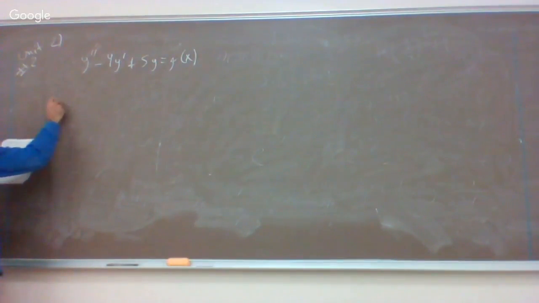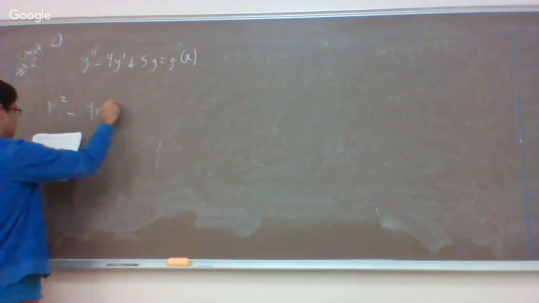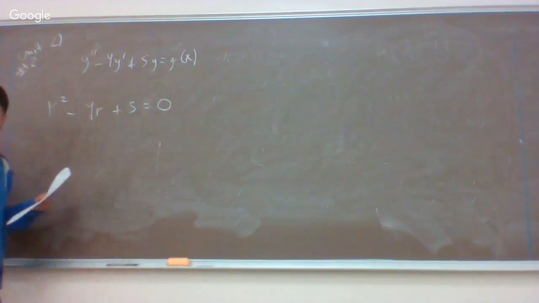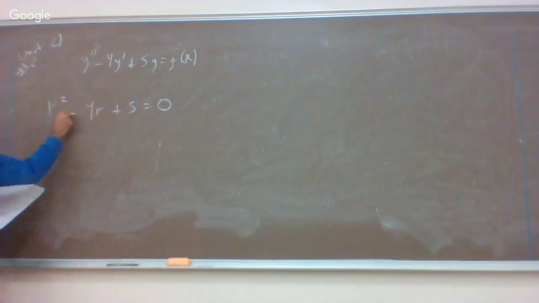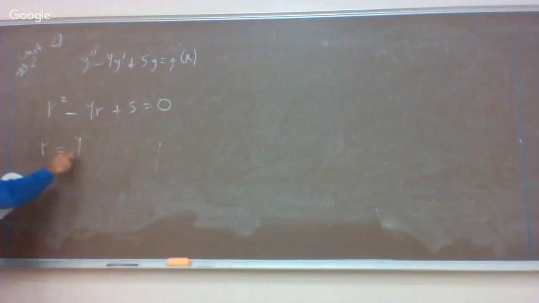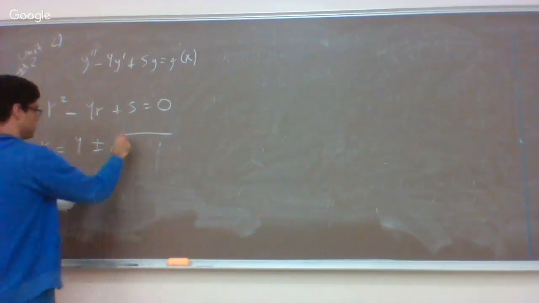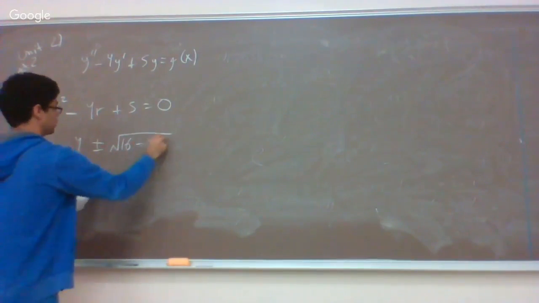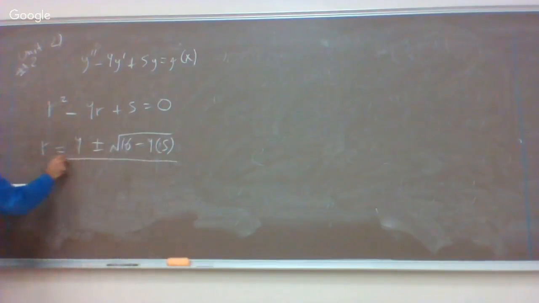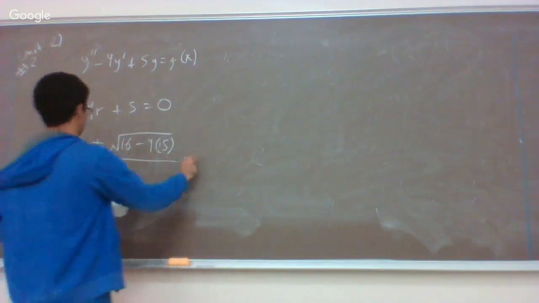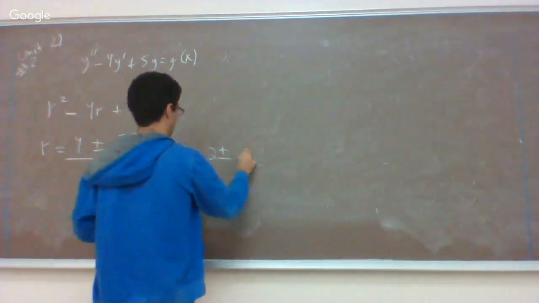So we convert it into an auxiliary equation: r squared minus 4r plus 5 equals 0. r is equal to negative b, so it's positive 4, plus or minus the square root of b squared, 4 squared, minus 4ac, 4 times 5, divided by 2. So this is equal to 2 plus or minus i.